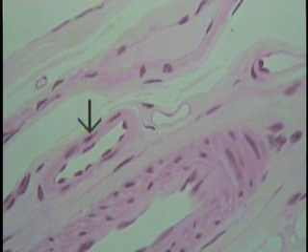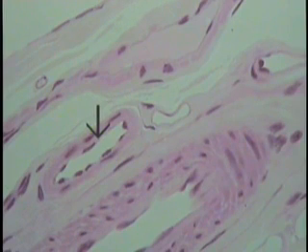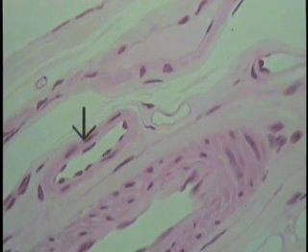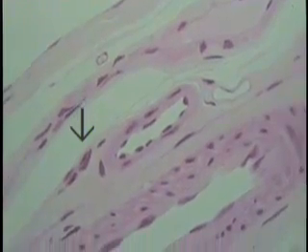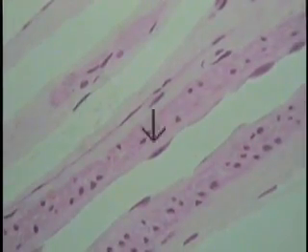The most obvious structures present are the nuclei of these endothelial cells and the cytoplasmic extent, this very thin, flattened profile of cytoplasm extending laterally from the nucleus. This is the larger vessel that we saw at scanning magnification, a small artery.